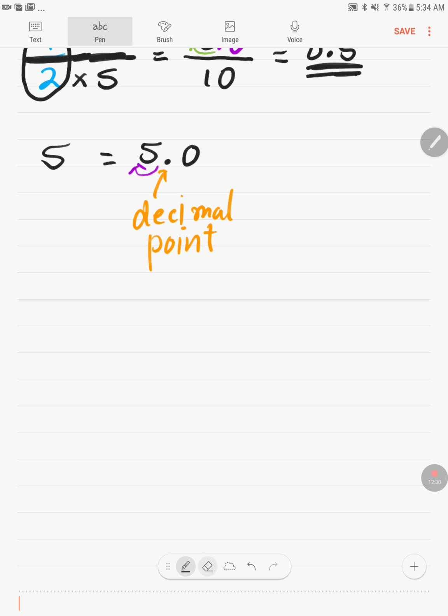Now let's try to do the same thing for 1/3. How would we write 1/3 as a decimal? There's no whole number that we could multiply by to get this 3 to equal 10, unless we multiply by, let's say, 3.33.